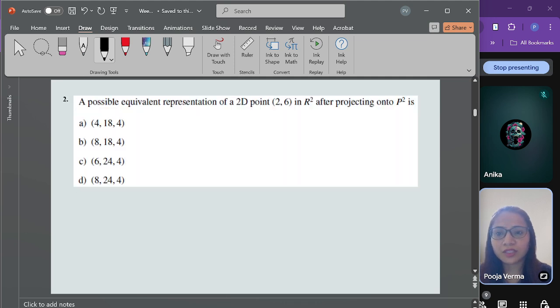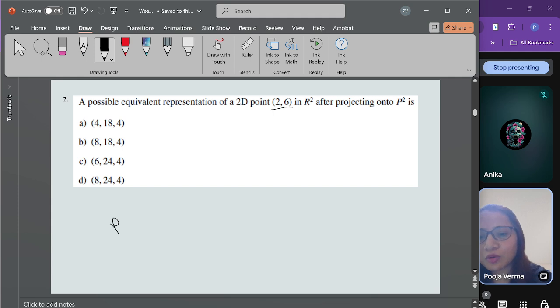The next question: a possible equivalent representation of the 2D point (2, 6) in the real plane after projecting onto P squared is. What will be the possible representation of this 2D real point in the projective space?